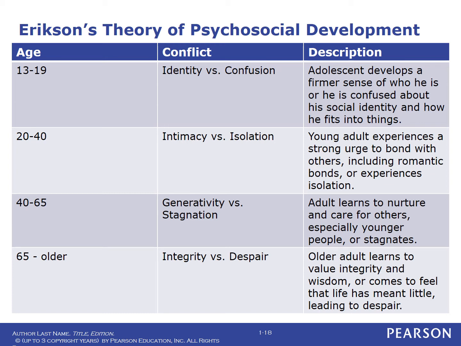From about the ages of 40 to 65, you have a large period of adulthood called generativity versus stagnation. Generativity means being able to nurture and care for others. So, as you have your own children, and or as you become a teacher and you care for younger students, then you have an interest in seeing to the future.